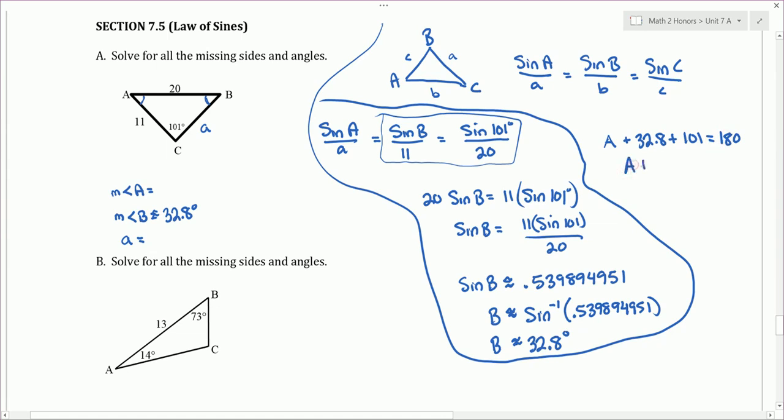So A plus 133.8 is equal to 180. And subtract 133.8 from 180, and you get measure of angle A is going to be roughly 46.2.